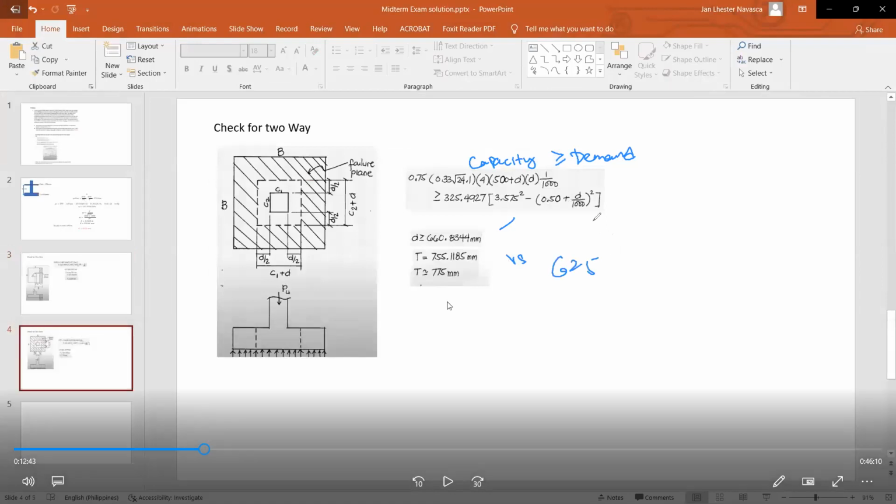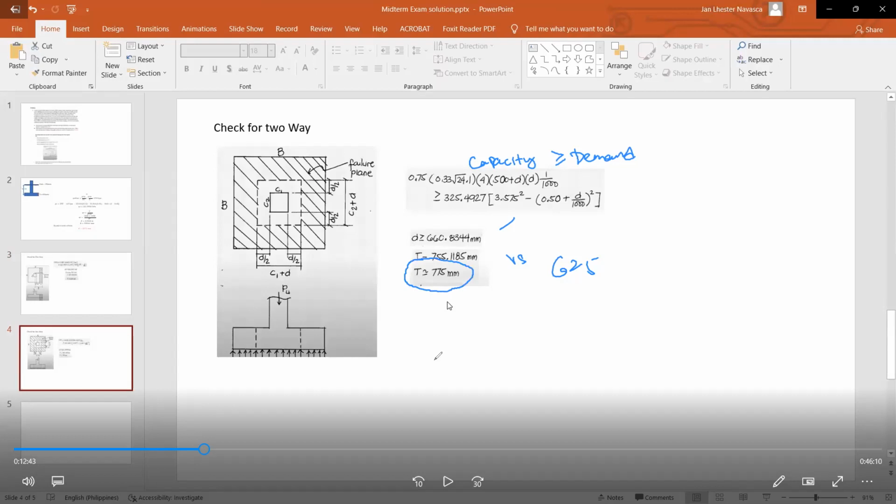So what do you think will govern? So, diba? So kung gagawin mo, pipiliin mo yung 625 millimeters, okay, mako-compensate yung required depth dun sa two-way shear. So ang gagawin mo, piliin mo na lang yung mas malaki, which is the 775, para ma-compromise na yung requirement for the one-way shear stress. Okay, so this is 775. So therefore, the final answer is 775 millimeters.